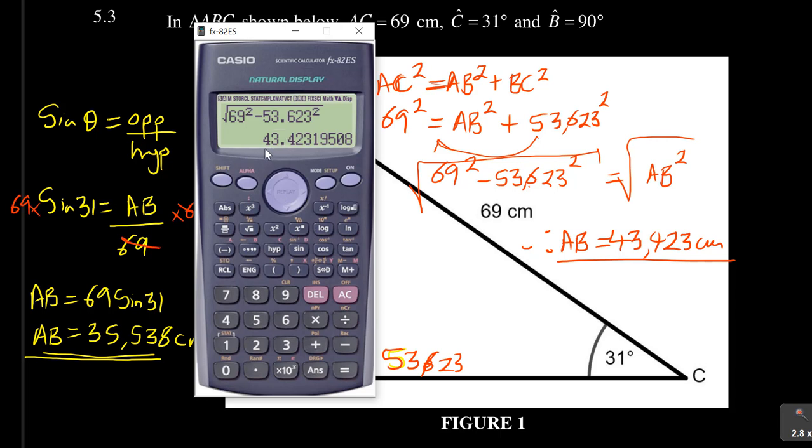It's actually giving me 43.431, which is 43.423. It is still the same answer.